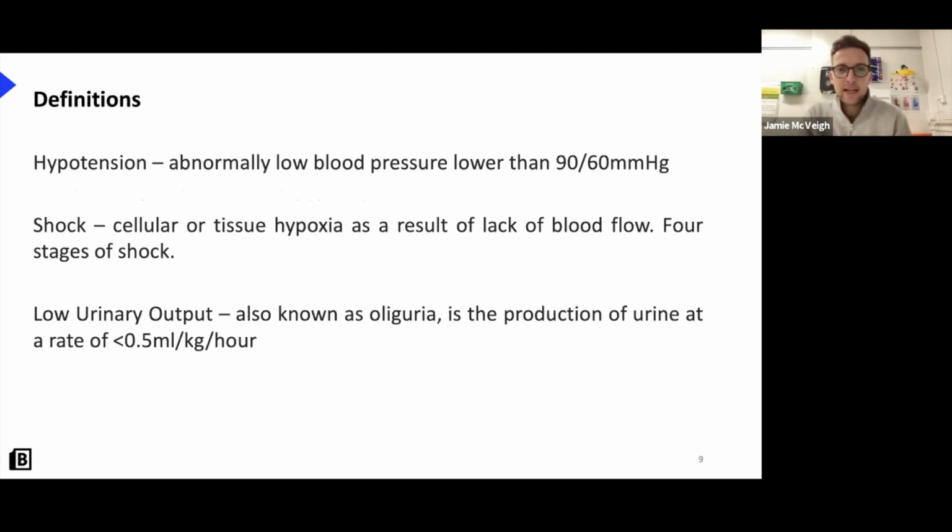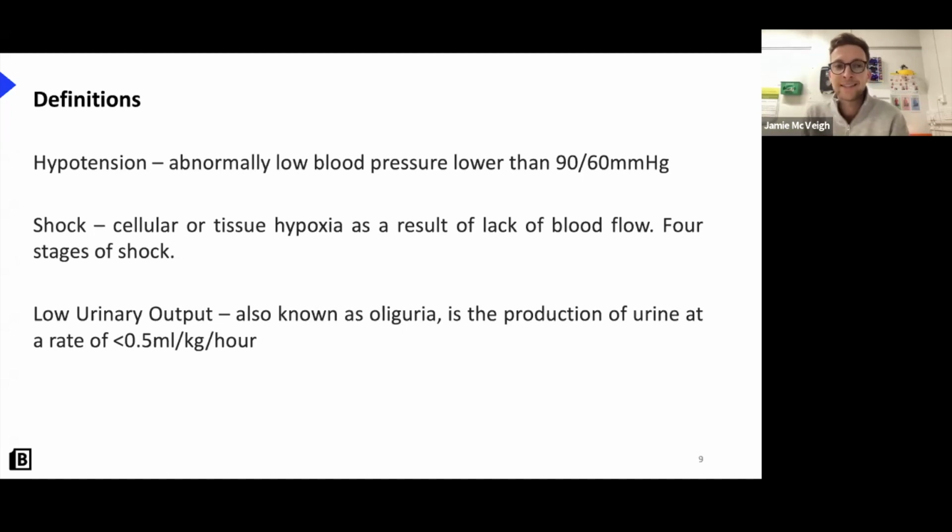So hypotension today is defined as low blood pressure, as I'm sure you all know, typically lower than 90/60 systolic. That is the point we get worried, but completely dependent on the sort of body mass of the person. Larger people, taller people tend to run at higher blood pressures.